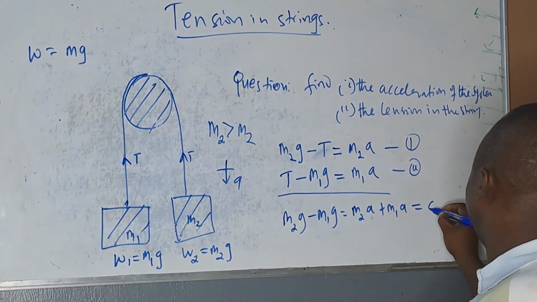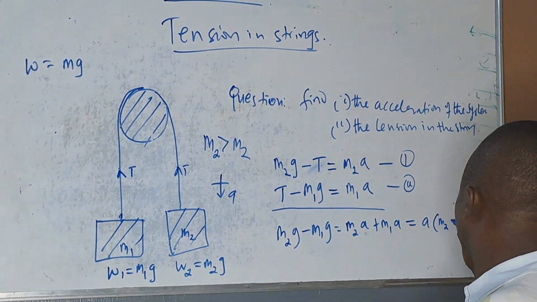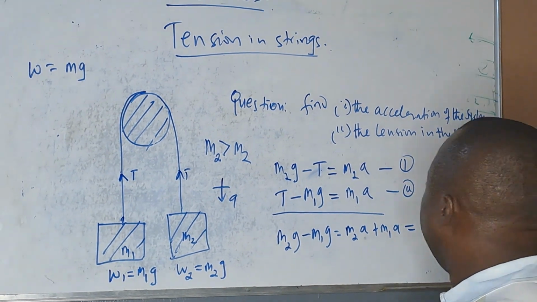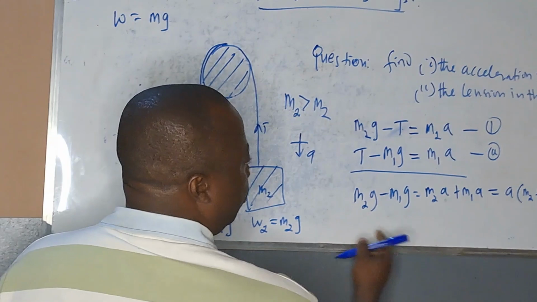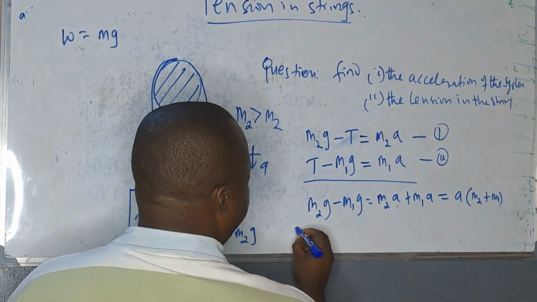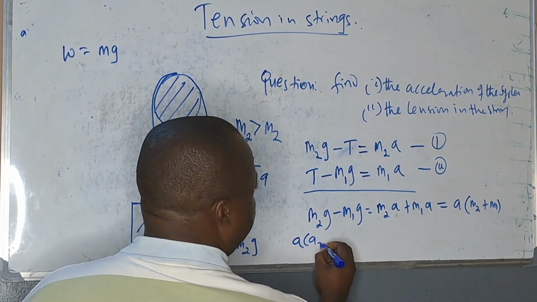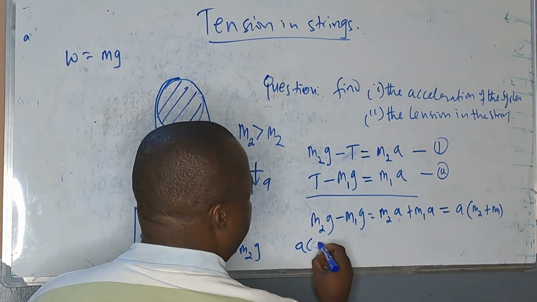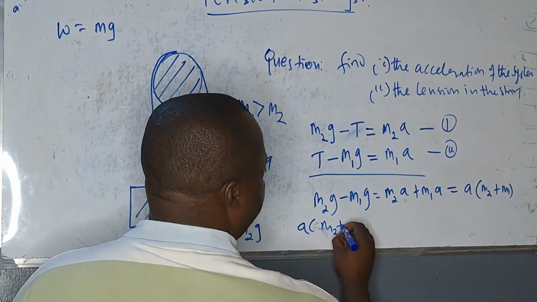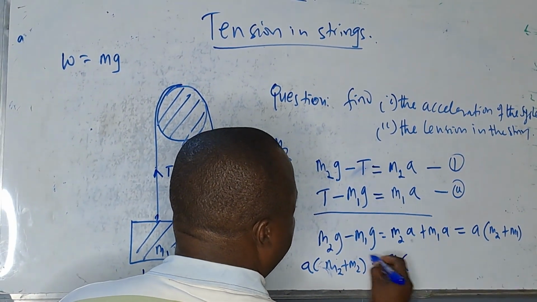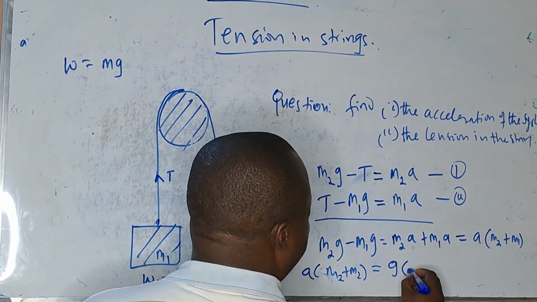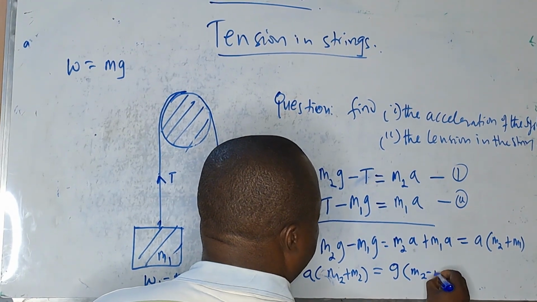That gives us A into M2 plus M1. Therefore, we have A into M2 plus M1 equals G into M2 minus M1.